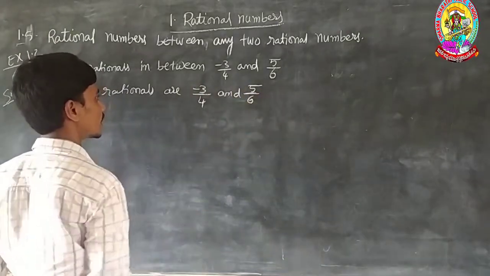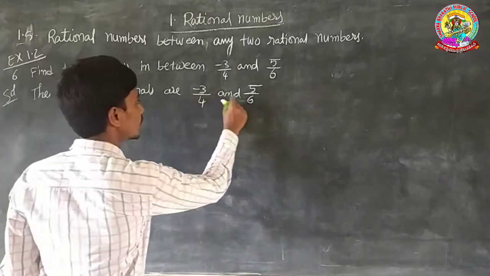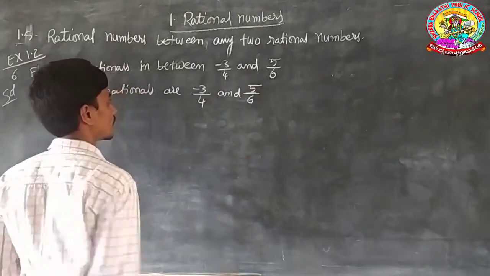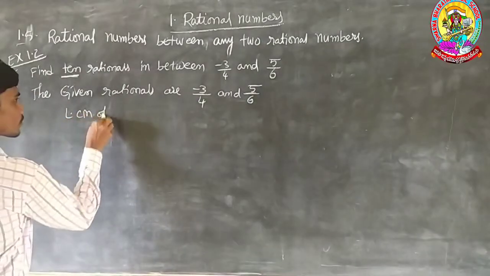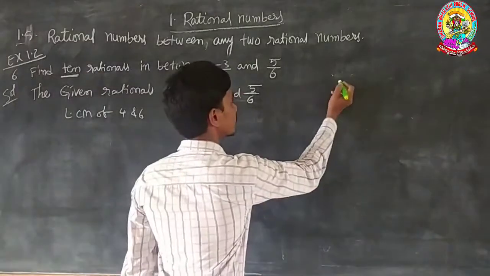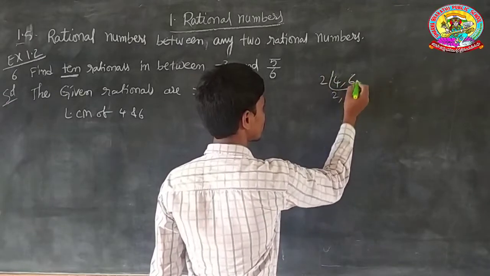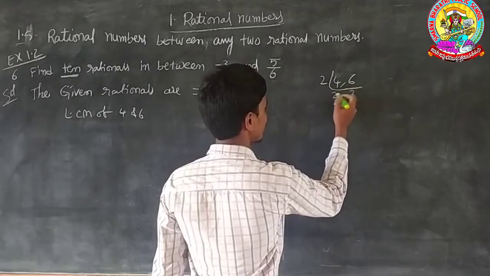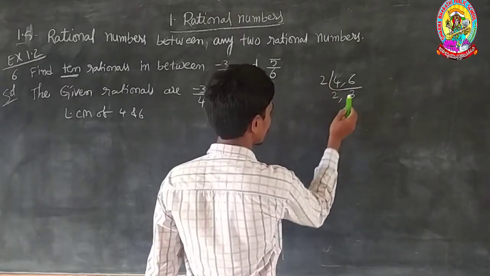First of all, change them into like fractions. How can we change? By simply finding the LCM and converting each fraction into a like fraction. LCM of 4 and 6: in the second table, 4 cancels by 2 times, 6 cancels by 3 times. There is no common factor for 2 and 3, so the LCM would be 2 2s are 4, 4 3s are 12.